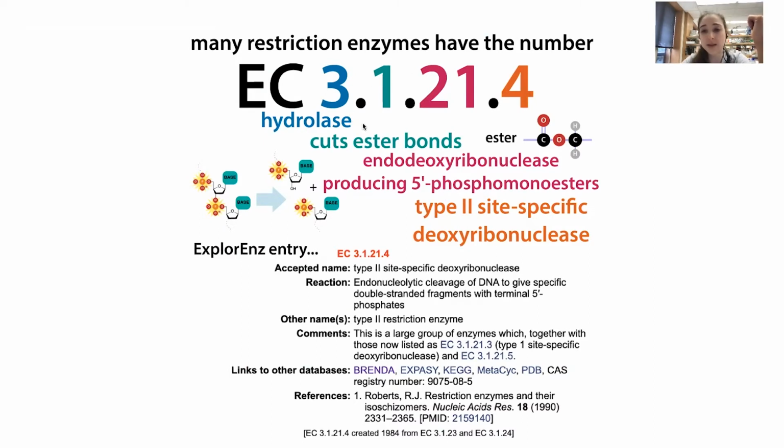And so you might think, okay, well, what the heck is that telling me if all these different enzymes have the same number? But this number really does provide you information. It's just that the serial number might not be the same as what you would think of as the serial number for a given enzyme. It's not taking you to the final, there is no molecule exactly like this one.